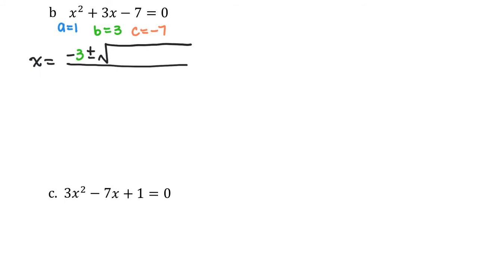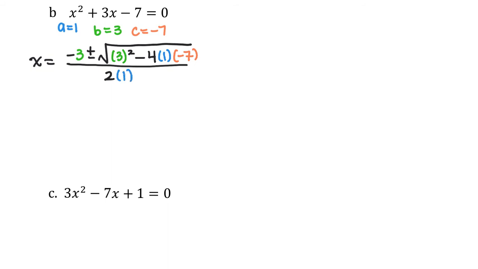So what is b? b is 3, so 3 squared minus 4 times a times c, and then in the denominator everything is divided by 2a. 2 times a is 1.